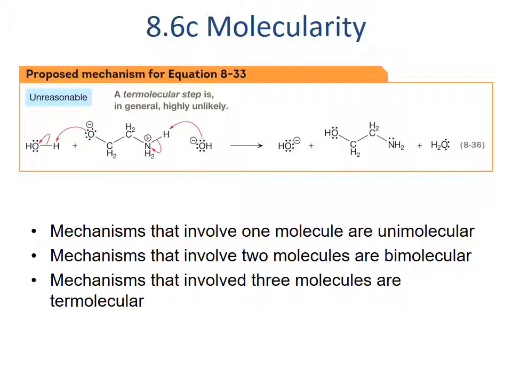Mechanisms that involve three molecules are termolecular. That means three molecules would have to simultaneously collide in the right orientation with sufficient energy for a termolecular reaction mechanism to occur. That doesn't happen. We need to draw reaction mechanisms as sequences of reactions that would actually occur, which never include termolecular mechanisms.